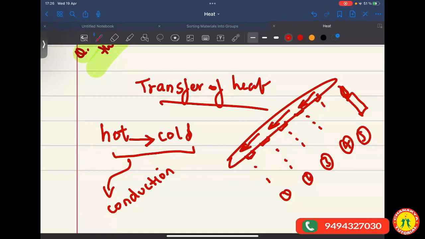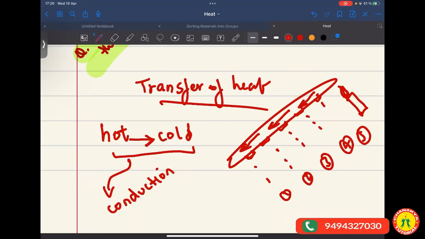In solids, generally heat will be transferred by the process of conduction. So do all substances conduct heat? No, ma'am.